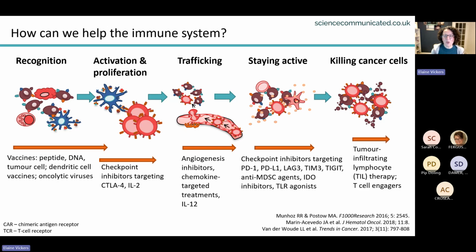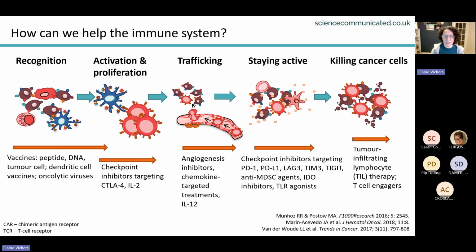Then there are things like tumor infiltrating lymphocyte therapy, where you take a piece of tumor, you isolate the T cells, you purify them, you activate them and put them back into the body. So you're trying to increase the number of cancer-fighting T cells that exist in the patient's body. And the T cell engagers, where you're trying to create a physical tether holding together cancer cells with T cells to encourage the T cells to kill cancer cells.